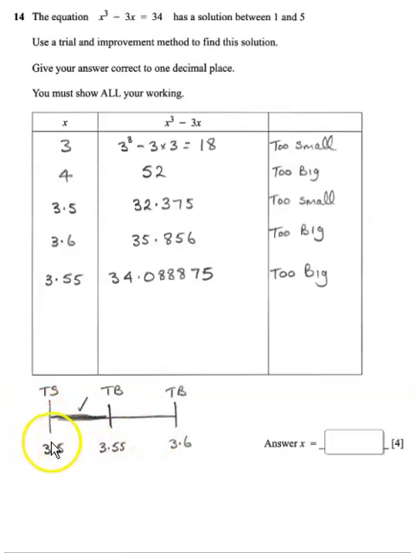So it's 3.5 on one end, 3.6 on the other, and in between that I've got 3.55. Now I've highlighted that it's too big for 3.55 and too big for 3.6 and too small for 3.5. As those 2 answers here are too big, then it's closer to 3.5. So that means the answer here to 1 decimal place is 3.5.